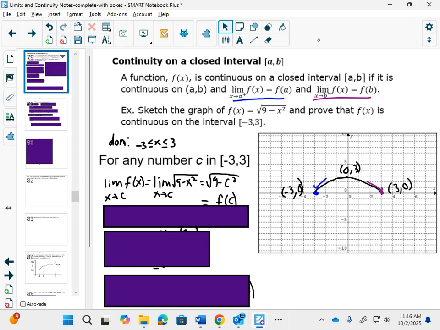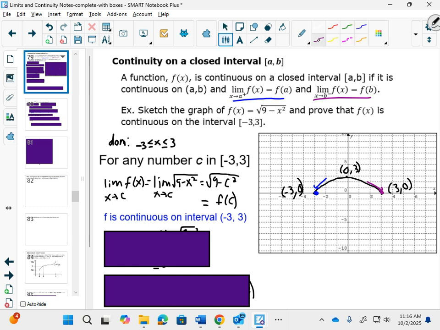The limit as x goes to c of f of x would be the limit as x goes to c of 9 minus x squared, which is 9 minus c squared. And that is exactly what f of c is. Do you see that?